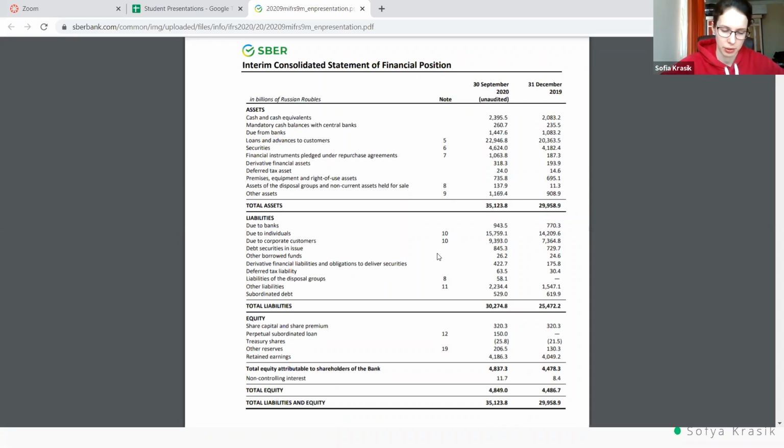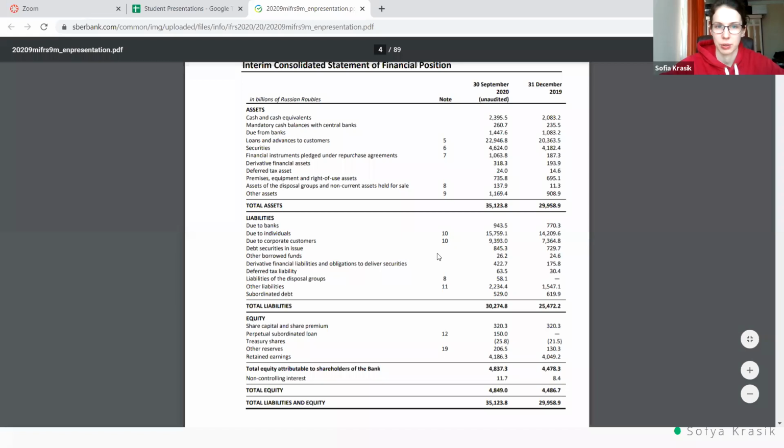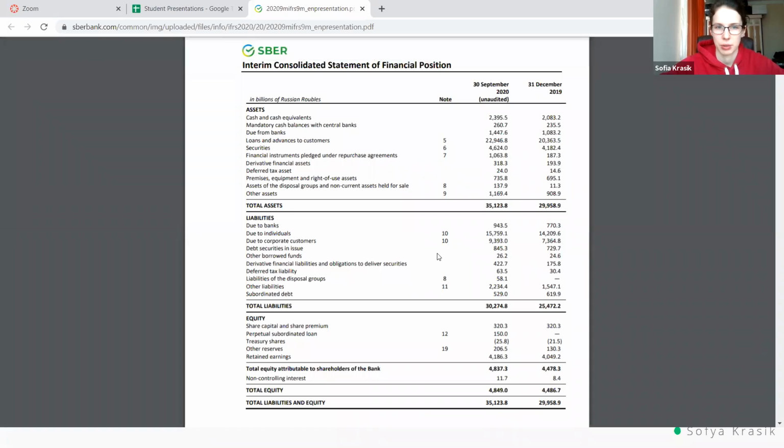I can calculate it myself. So we have something in the chat. Yeah, it will be something like 65 million rubles. This would be a dollar value of shareholder equity from the balance sheet.